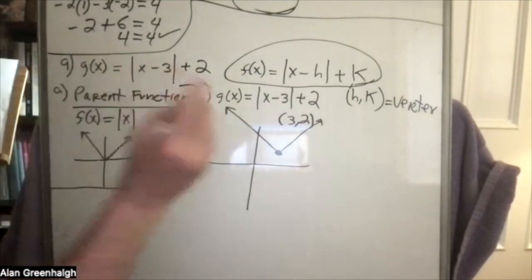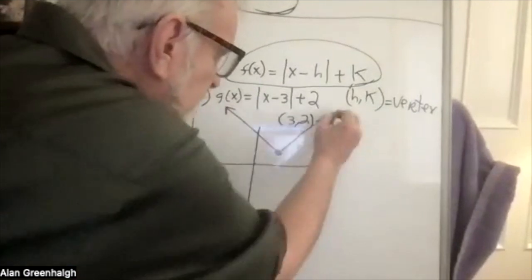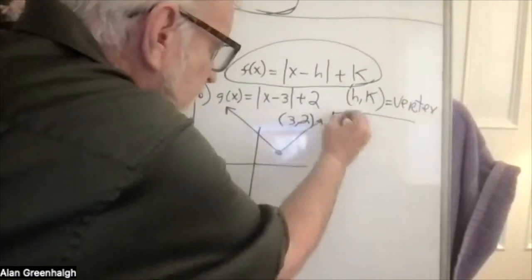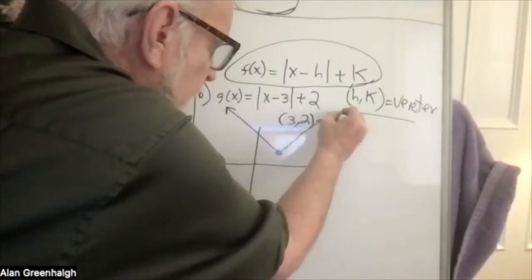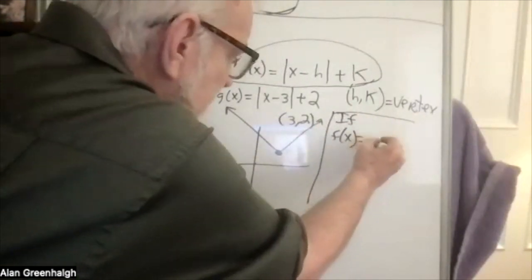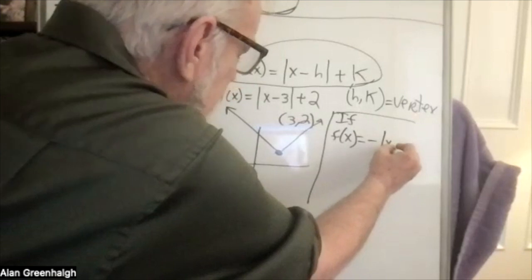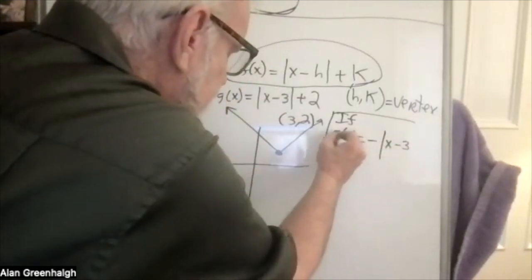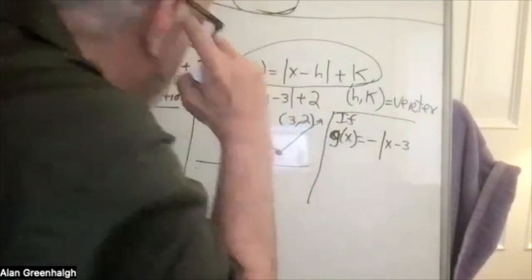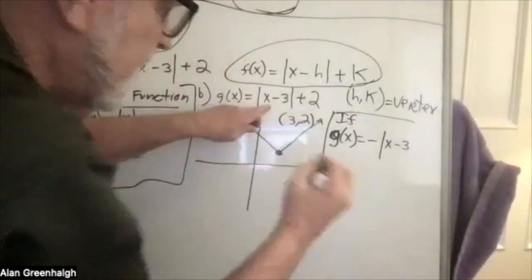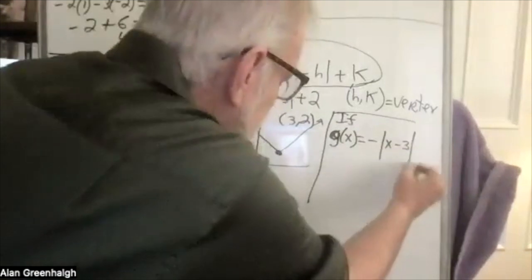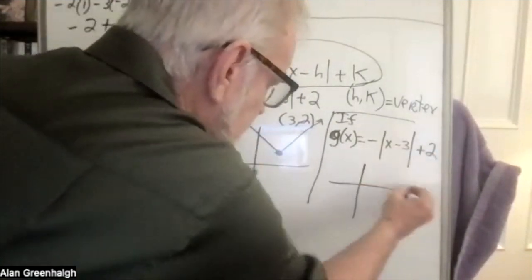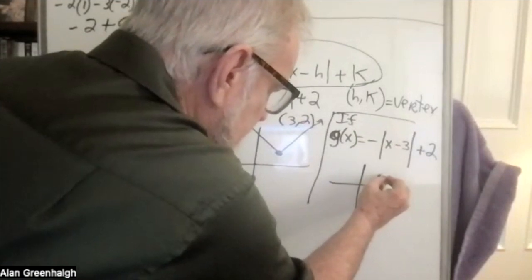I just want to say one thing. If this had been, g of x had been negative absolute value of x minus 3 plus 2, then everything would have been the same.